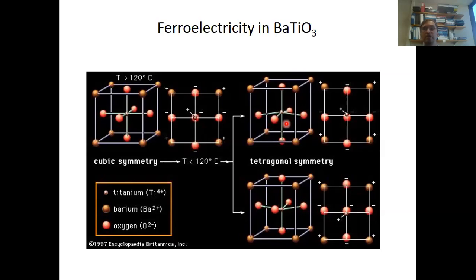When you apply an external electric field, you can align the dipole moments permanently in one direction. So when you remove that electric field, the polarization of your material macroscopically doesn't go away. And that gives rise to the property of ferroelectricity.